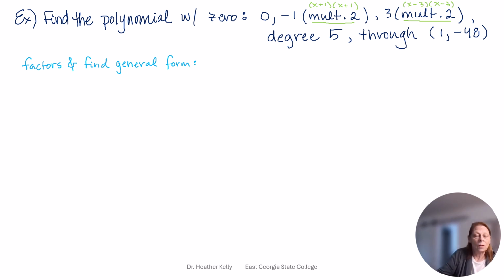All right, so our factors are x plus 1, multiplicity 2, I could write it like that, and we have x minus 3, multiplicity 2. Now, by the way, if you take a look at this, it is in factored form, and it is beautiful.